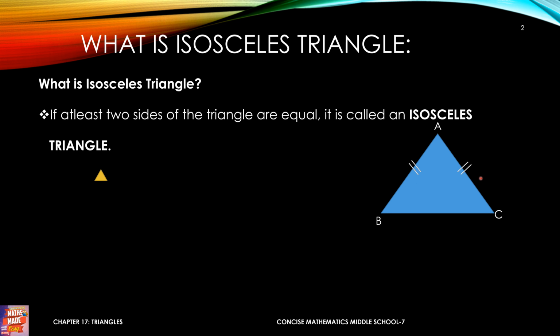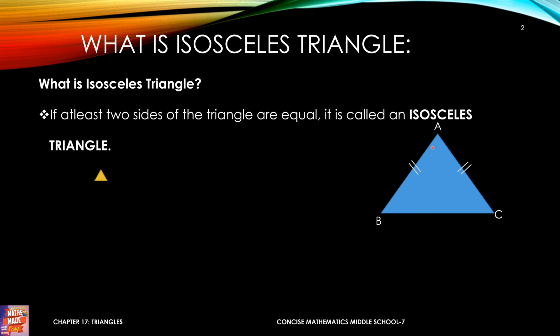Is it clear, children, how to identify whether a triangle is isosceles or not? Either by looking at the length of the sides, or if they haven't given any length in your problems, by seeing these lines you can identify whether it's an isosceles triangle or not.